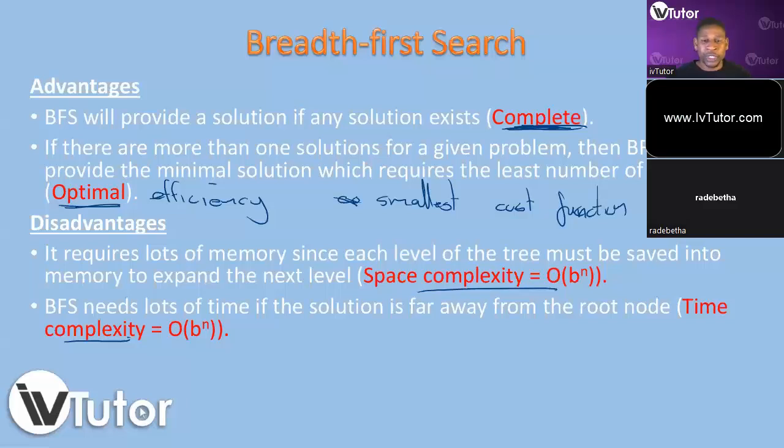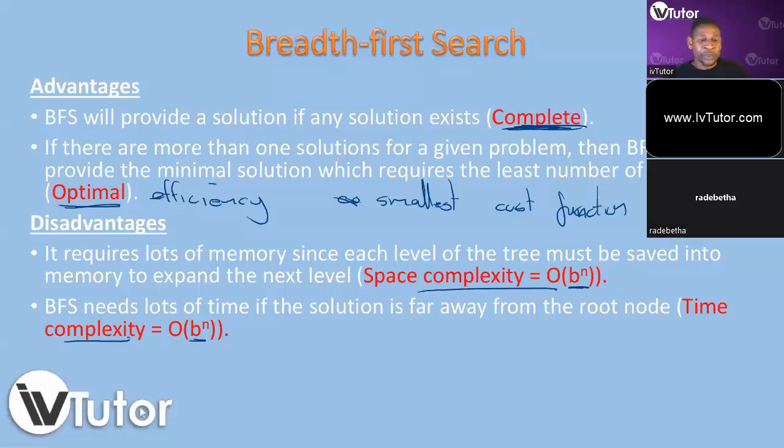If the solution is far away from the root node, then the time complexity will be exponential as well, because the branches become more and more. So the space complexity is exponential, right? And the time complexity is exponential.